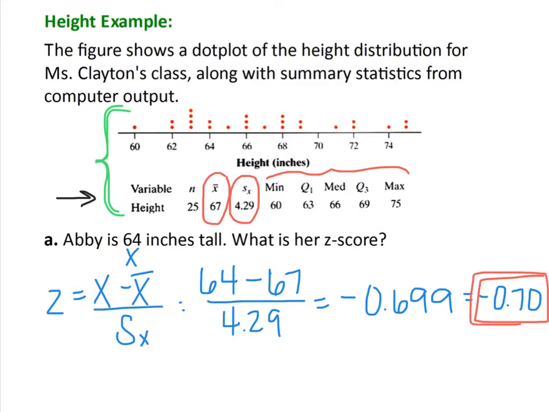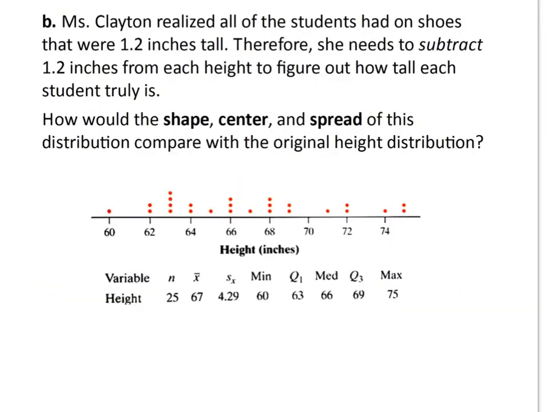Well, now let's see how this data can be transformed. Part B of the same graph says Miss Clayton realized that all of the students had on shoes that were 1.2 inches tall. Therefore, she needs to subtract 1.2 inches from each height to figure out how tall each student truly is.